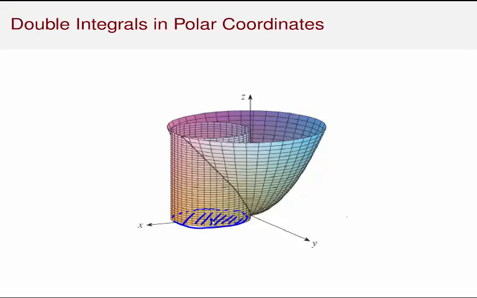And the top surface of the solid is part of the paraboloid. In fact, the cylinder will intersect the paraboloid in a closed curve, and that part of the paraboloid will be the top surface of the solid.